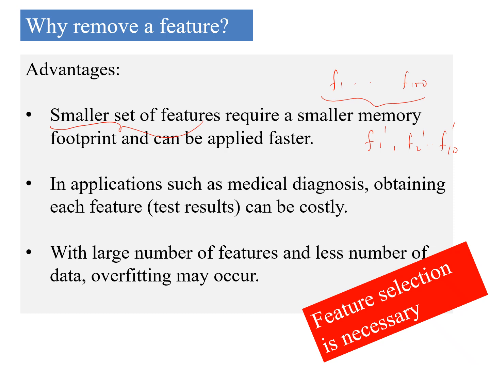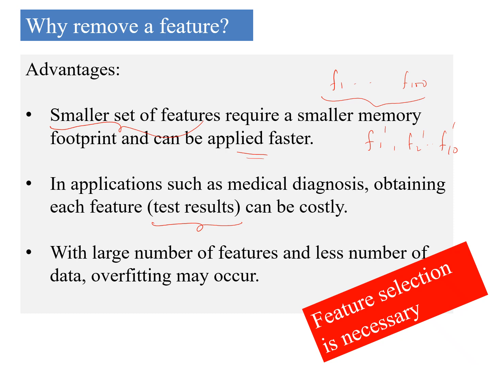So the computation is lesser, the memory footprint is smaller, and it is faster. In some applications, obtaining each feature or test result can be costly. So if we could do without certain features and still get the desired accuracy or prediction, then it would be good.